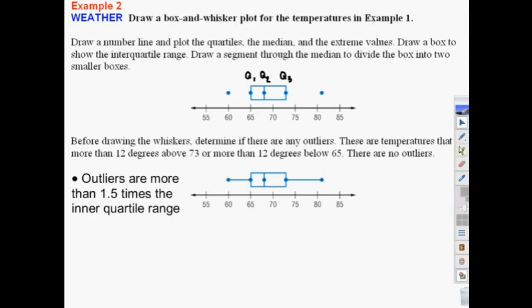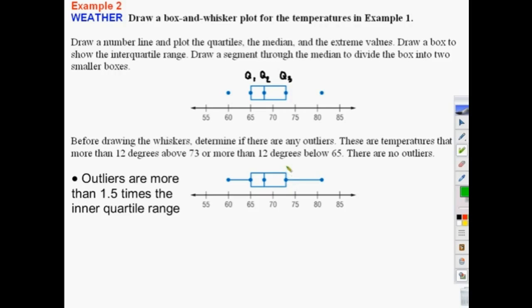So anything that is 12 degrees above our upper third quartile or 12 degrees below our first quartile. So 12 degrees below 65 would take us all the way down to 53. Now this bottom point is at 60, which is not beyond 53, so that's okay. I can go ahead and connect that with a whisker.